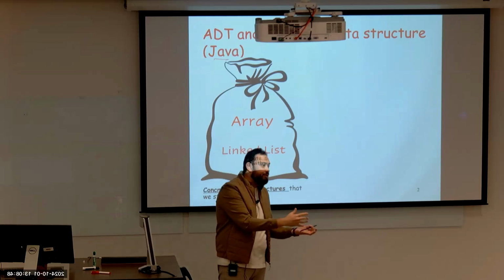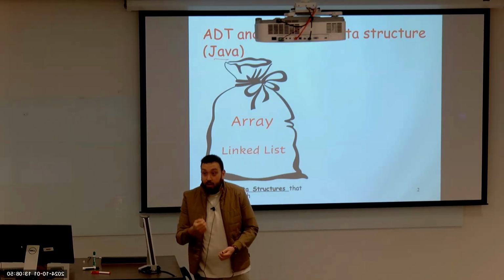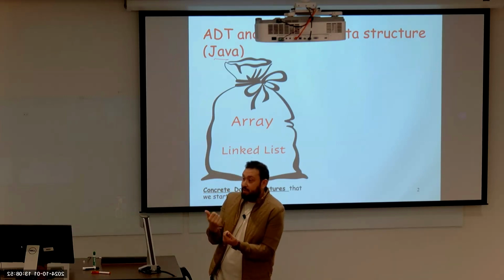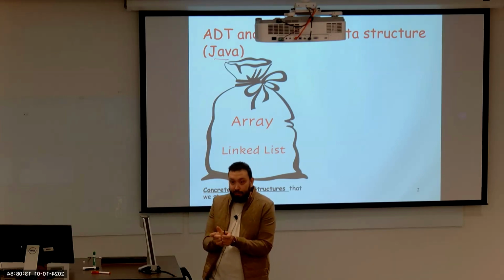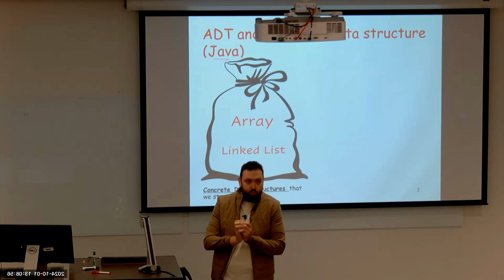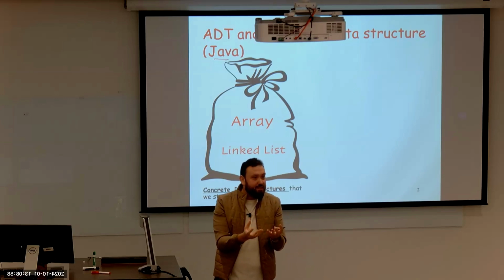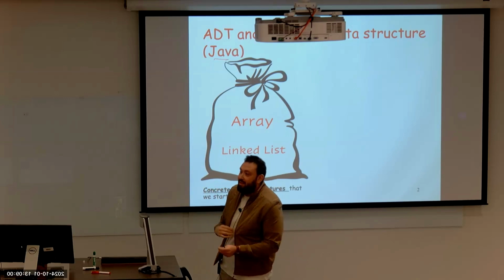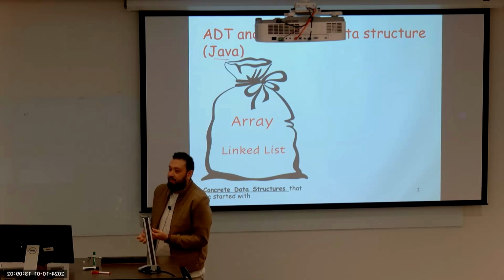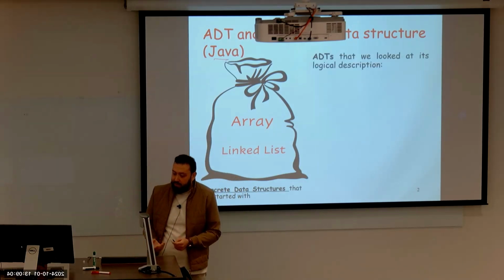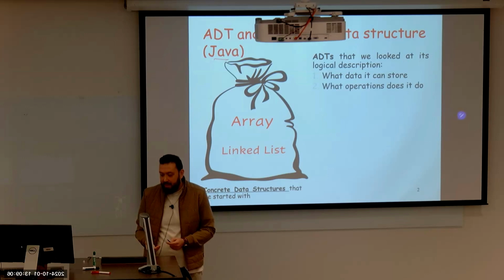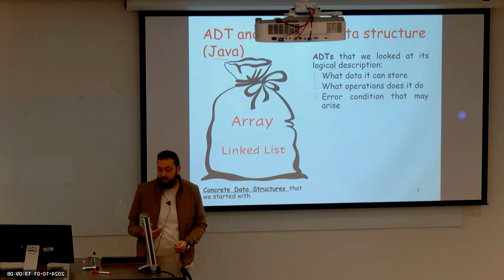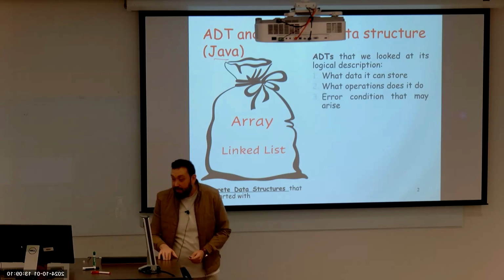So in Java, they are the functions and methods. So we need to define our operations and also find out the errors that will happen. And most important thing, we need to know the data type that I'm going to put inside the data that I'm creating, right? So I need these three things. What data it can store, what operations does it do, and then the error condition that may arise.